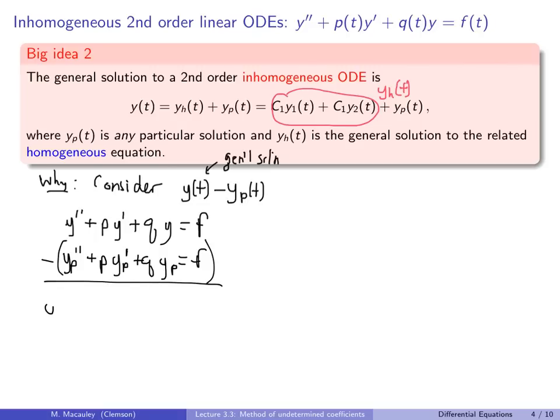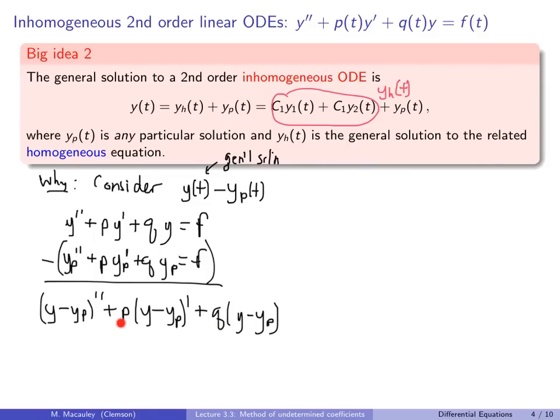So if we subtract these two equations, just like we did for first order equations, now we have y minus yp double prime plus p times y minus yp prime plus q times y minus yp. I should say that this is not q of y minus yp, this is q of t times y minus yp.